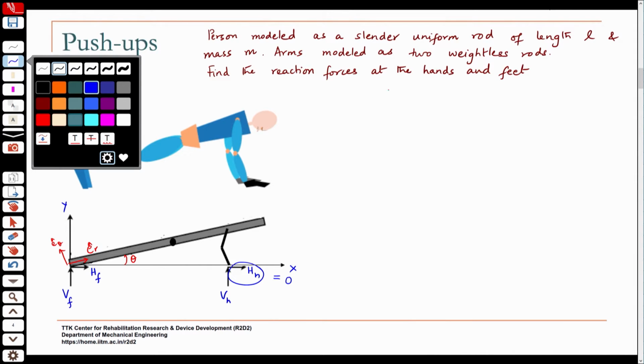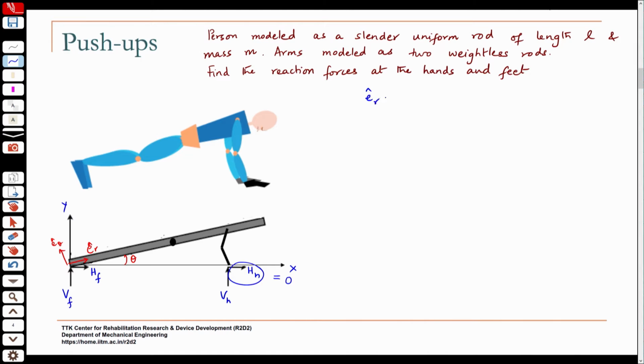So, first I can write E_R equal to cos theta i plus sin theta j, E_theta equal to minus sin theta i plus cos theta j, and then E_R dot, we have done this before, is theta dot E_theta and E_theta dot is minus theta dot E_R.